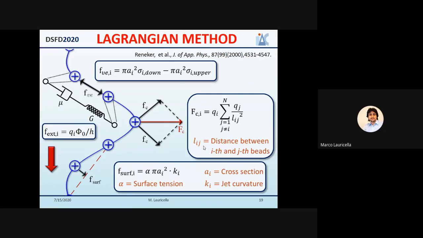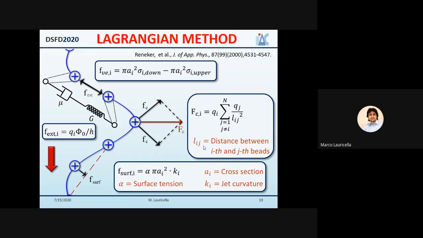And in particular, if I assume that the radius is smaller than the distance between these beads, it is possible to assume that each segment can be modeled as a particle-like, and we have to understand that we are completely free to choose the discretization. So this is just a condition that I want to respect.